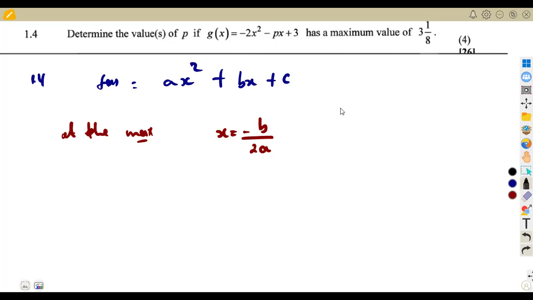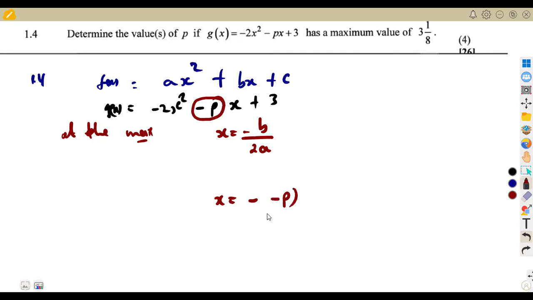So there we are given g(x) in this case. Already we've got our format g(x), which is following the same format: minus 2x squared minus px plus 3. So if we check here, we just need b and a. So the x of the turning point is minus b. What is b? The coefficient of x. What is our coefficient of x here? It's minus p.